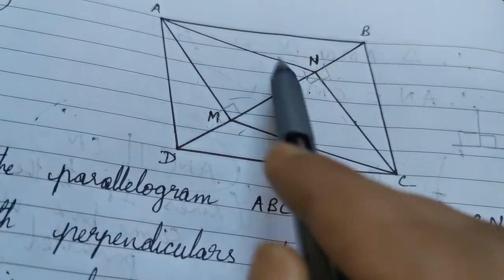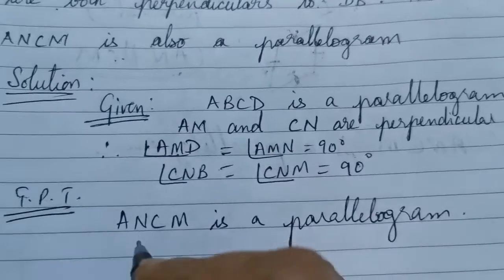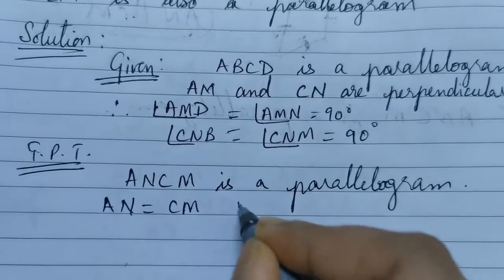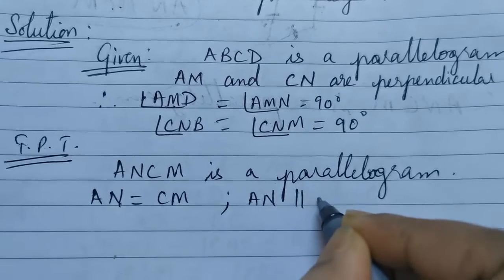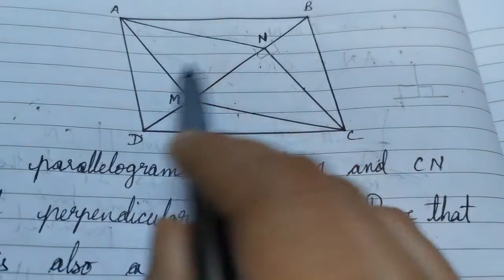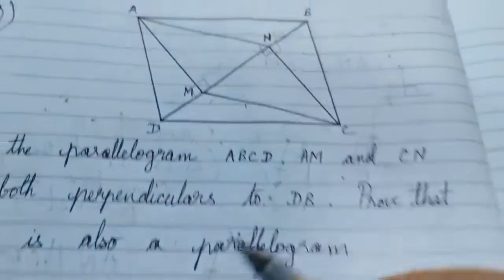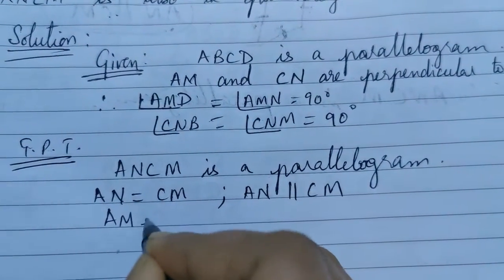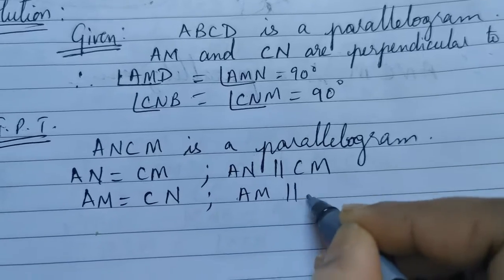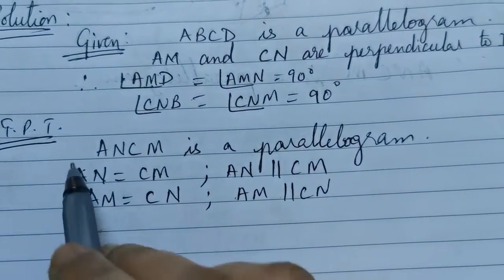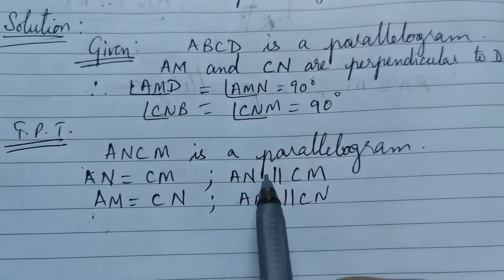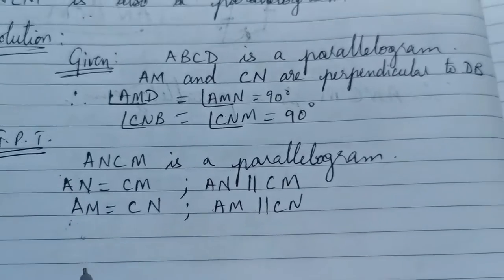The opposite sides here are AN and CM, so I have to prove AN is equal to CM and AN is parallel to CM. The other pair of opposite sides is AM and CN, so I also have to prove AM is equal to CN and the same sides are parallel. These are the two pairs of opposite sides.